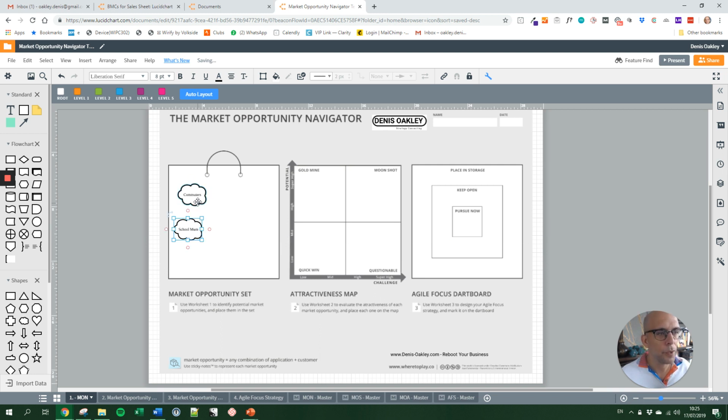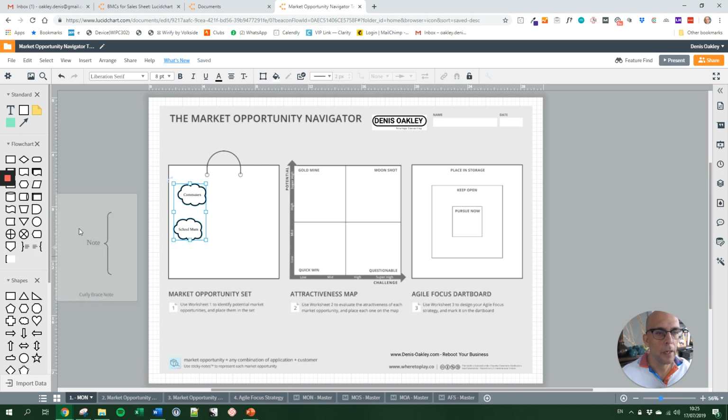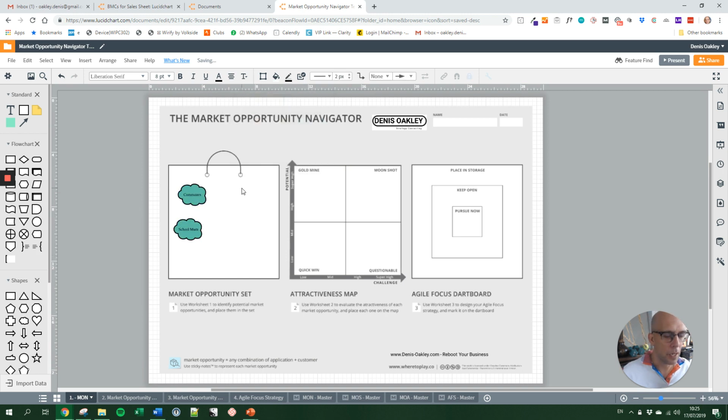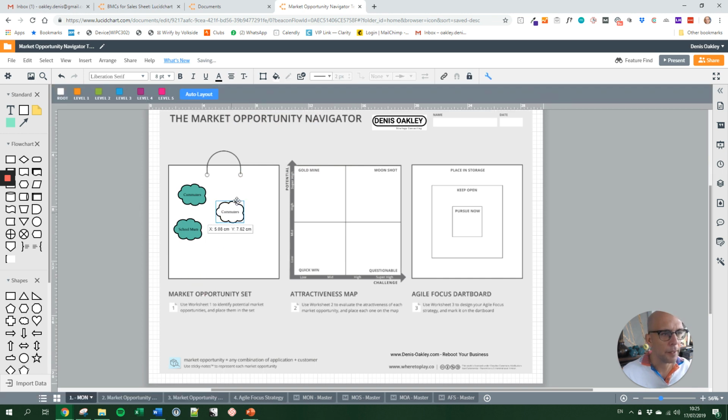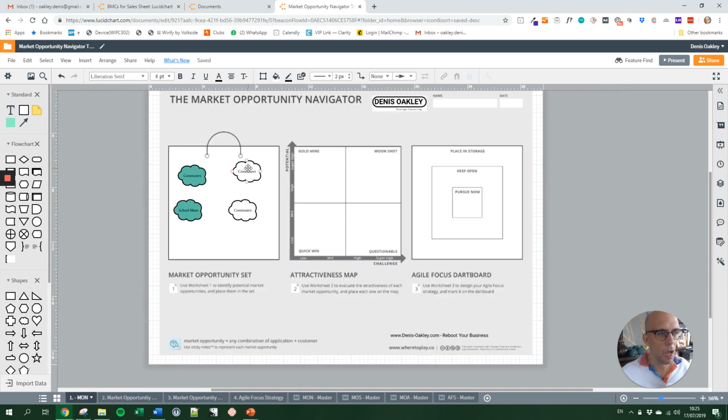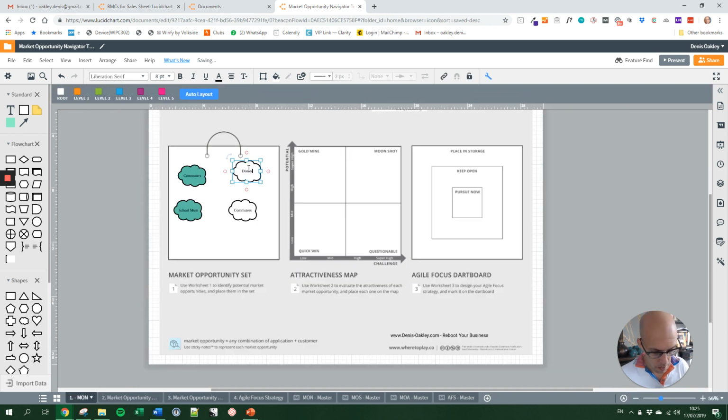Okay, and I'm going to put these both in green to say that they are a mobility play. And then we've got what were the other ones? They were distraction and tiredness. Distraction is one. Tiredness is the other.